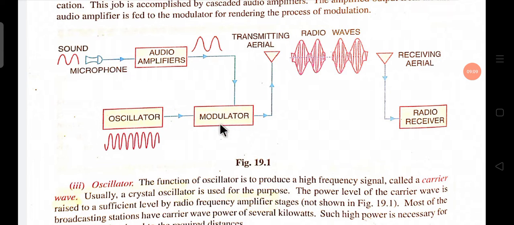The modulator mixes two signals, but the demodulator extracts or separates the two signals. So at the receiver end demodulation happens, and after demodulation we get our original signal. So this is all about the basic concept behind the communication system.